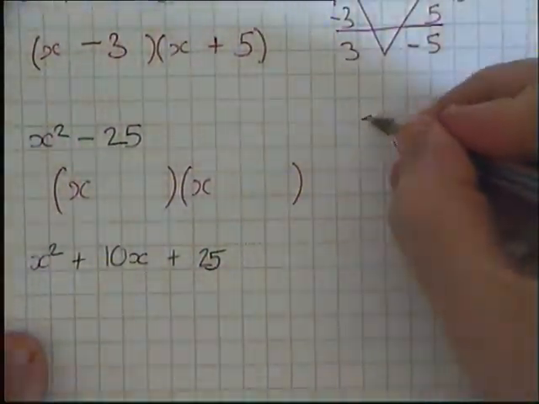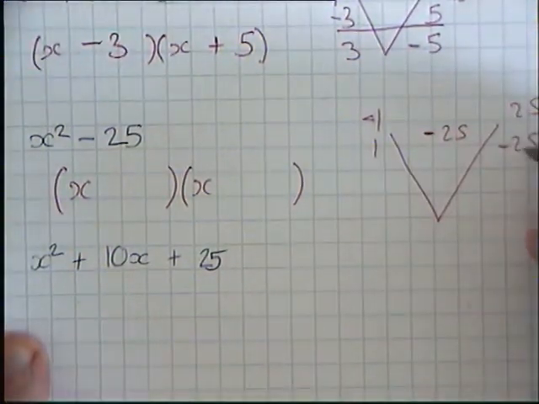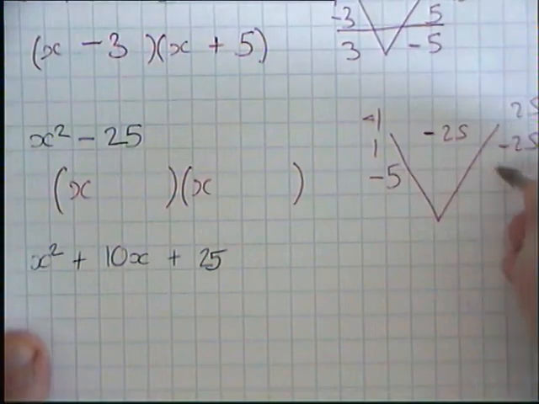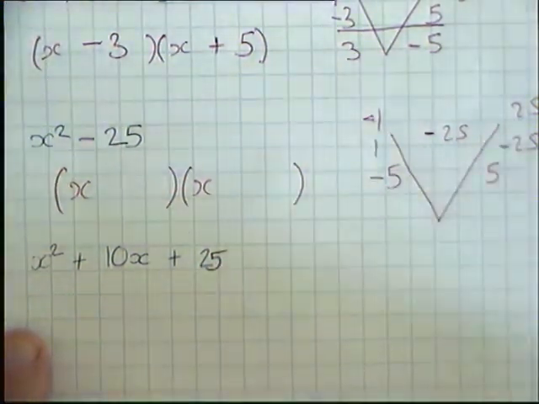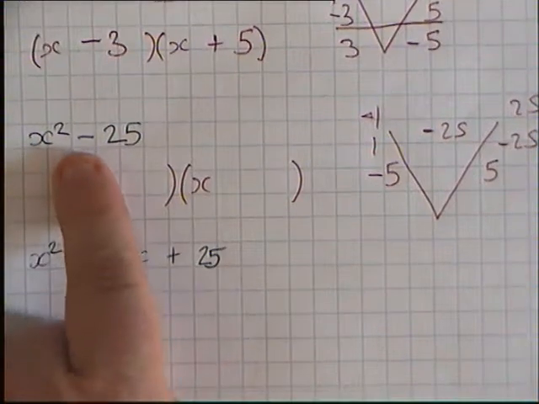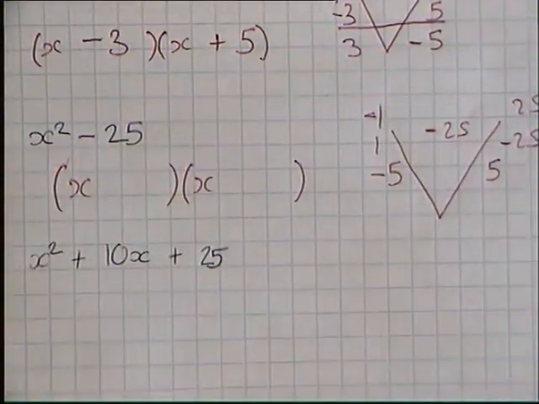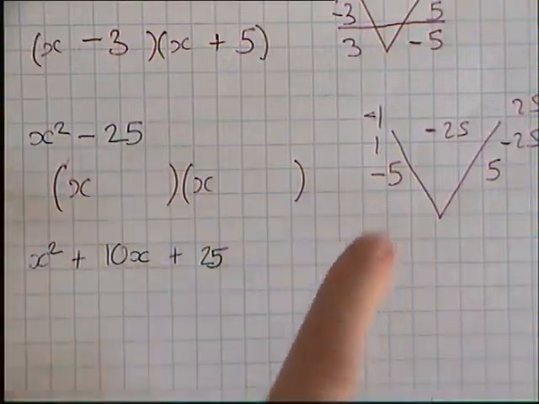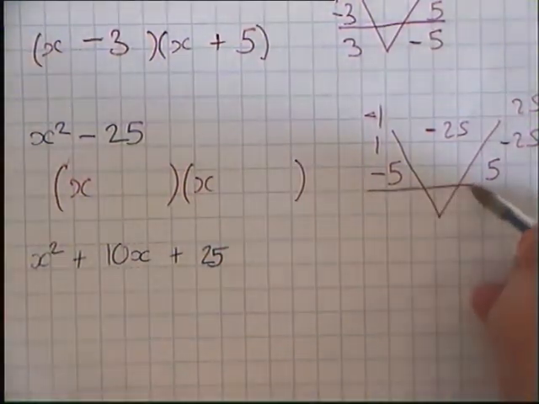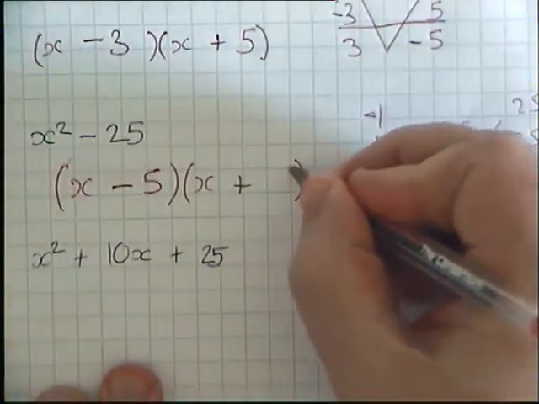So that's minus 1 times 25 or 1 times minus 25. Or I've got minus 5 times 5, and that's the same the other way around. This time there are 0 x's, so I'm looking for a pair of numbers here that add up to make 0. And I've got them here, haven't I? Minus 5 add 5 makes 0. So that'll be minus 5, and that'll be add 5.